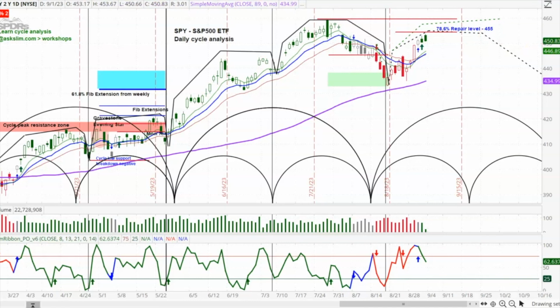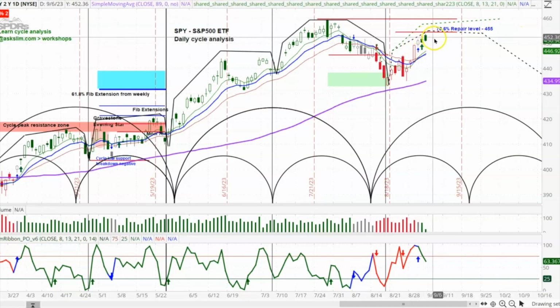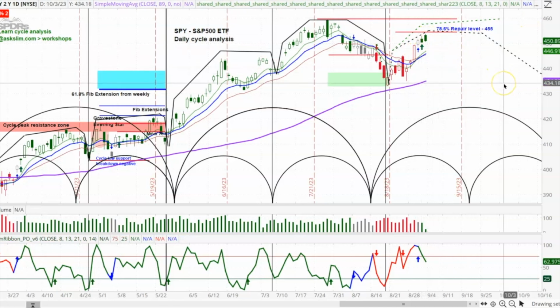That's what makes us look at changing when we see it get up to these repair levels. And when it gets up there, we always have them labeled because we want to make sure that we understand what's going on. So this could reverse from here and come back down, and our original analysis be correct. I'll show you historically how that has happened.